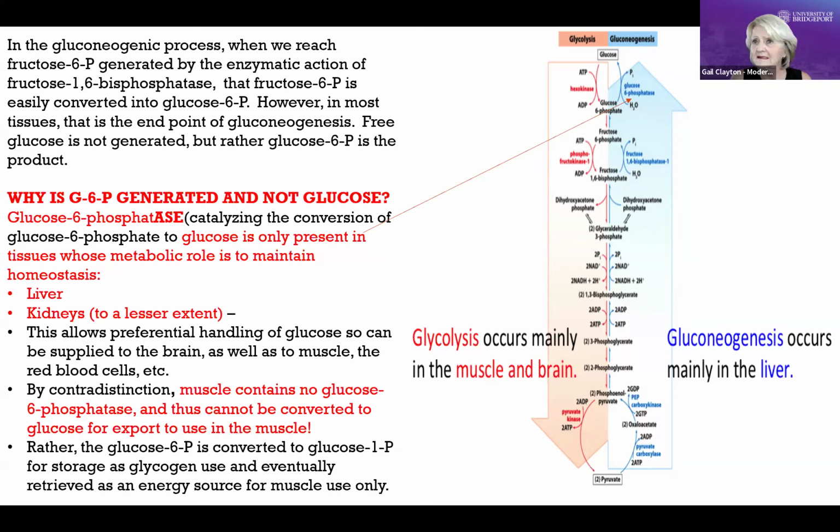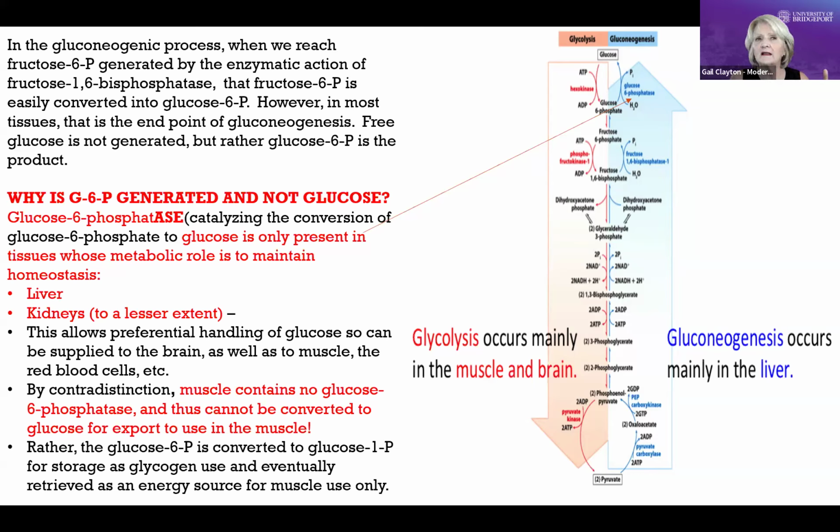Okay, and this allows glucose to go anywhere. So this allows preferential handling of glucose so it can be supplied to the brain as well as to the muscle and the red blood cells. By contradistinction, the muscle doesn't contain this enzyme, so glucose 6 phosphate can't be converted to glucose for use in the muscle.